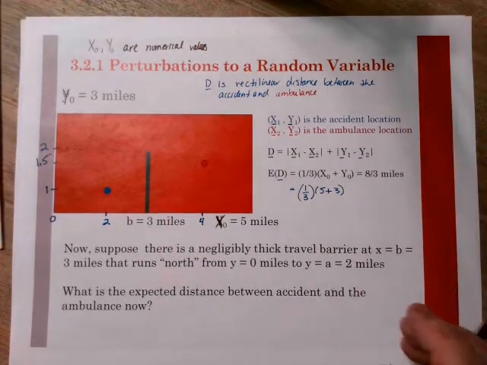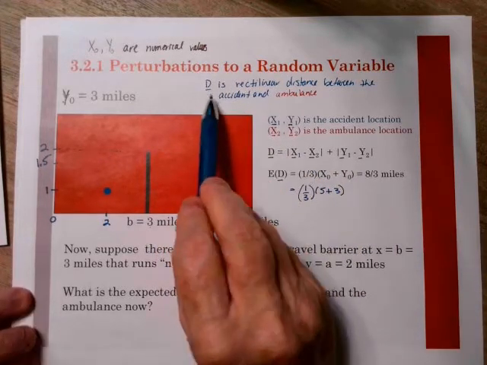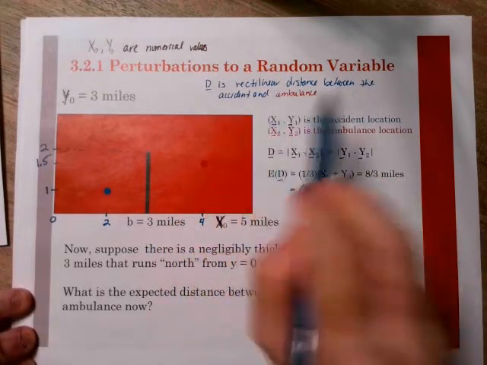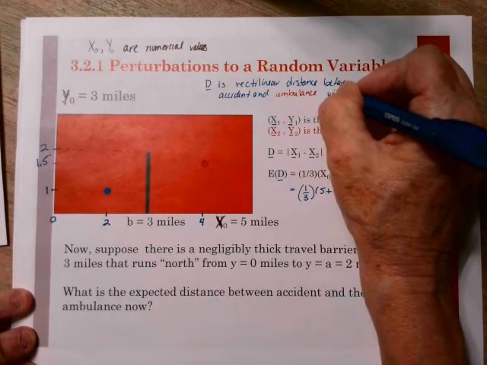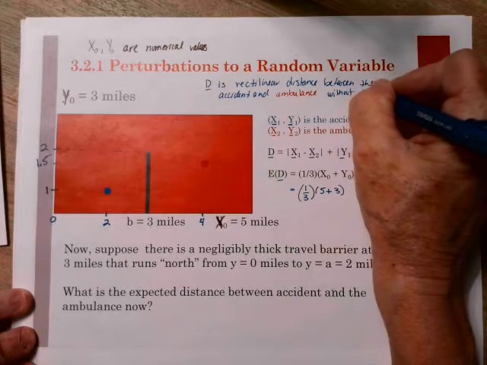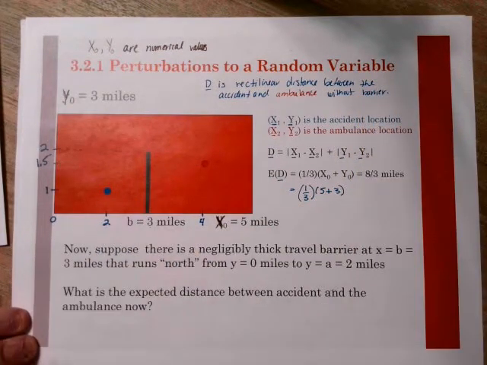Then what we want to figure out is what the distance would be now that we have the barrier. So let me amend this: D is the rectilinear distance between accident and ambulance without the barrier, because we're going to incur some extra distance now because of this barrier, and that's what the next set of slides are going to be working on.